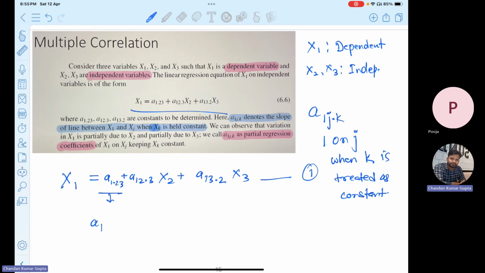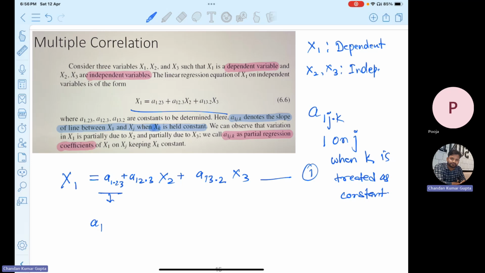So this is the multiple correlation, and there is partial correlation also. That means 1 with 2 when the third is taken as constant, a12.3, and the next one is a13.2. That is the partial regression coefficient between variables 1 and 3 when 2 is taken as constant.